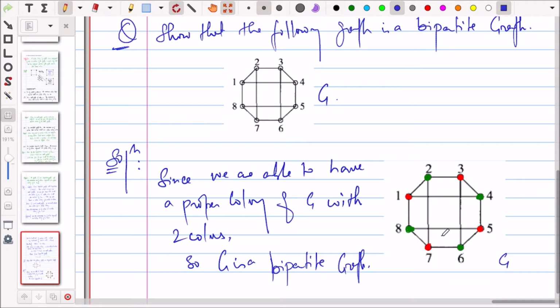So this is how also you can show. और इसका bipartition भी दिखा सकते थे. 1 3 5 7 एक ले लेते और 2 4 6 8 दूसरा ले सकते थे.